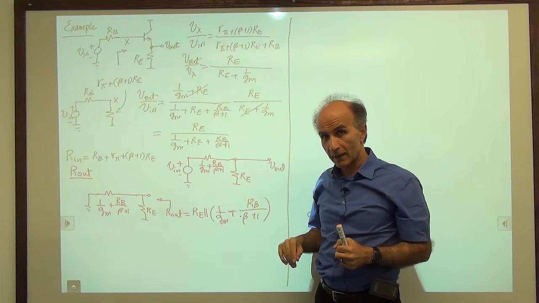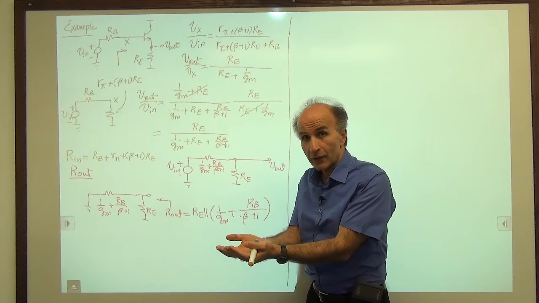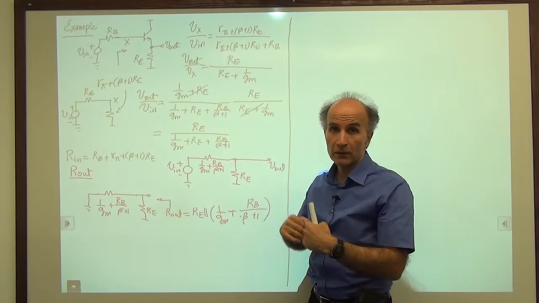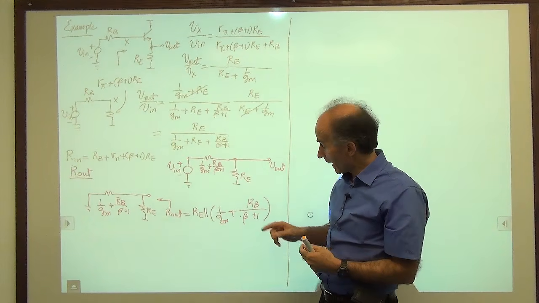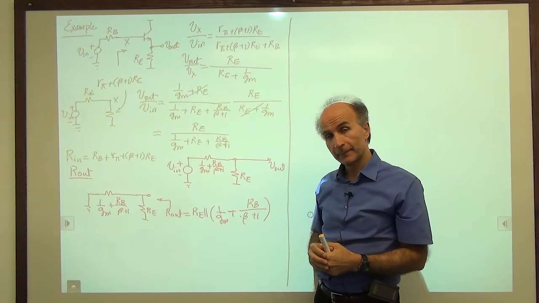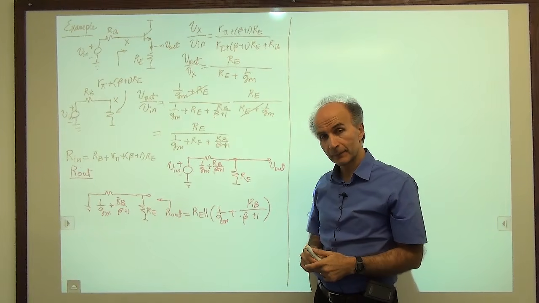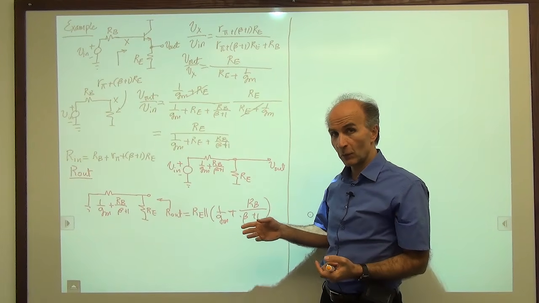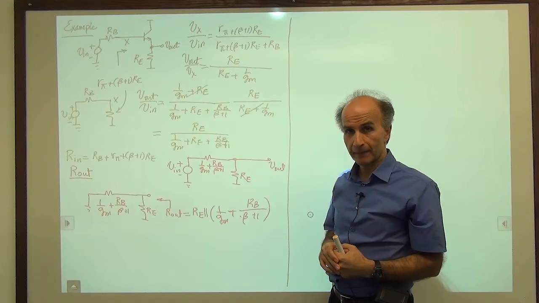What the circuit does is it takes the base resistance and transforms it down, reduces it by a factor of beta plus 1, and then adds it to 1 over Gm. Okay, and then it goes in parallel with Re. So that's the only difference between when we have a base resistance and we don't have a base resistance.